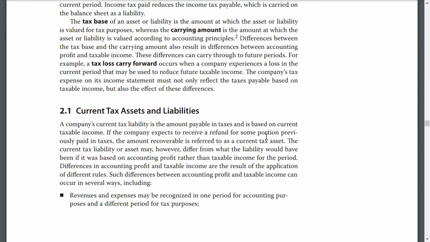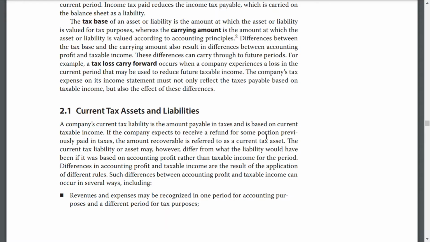For example, tax loss carry forward occurs when a company experiences a loss in the current period that may be used to reduce future taxable income. The company's tax expense on its income statement must not only reflect the taxes payable based on taxable income, but also the effects of these differences.